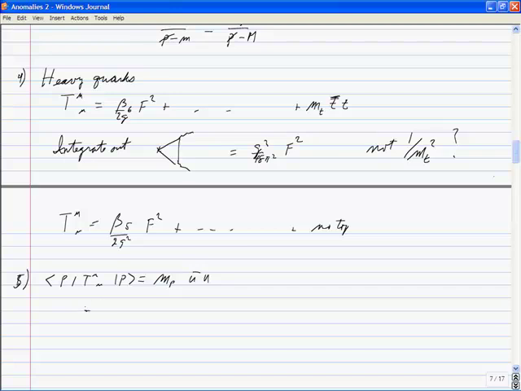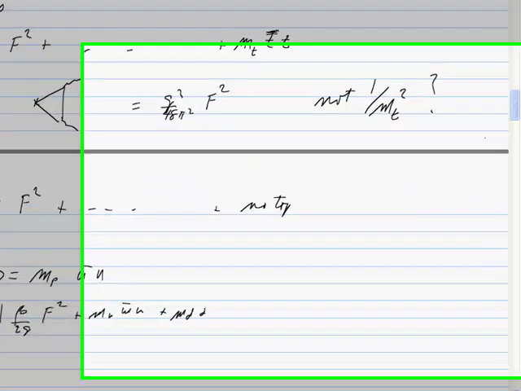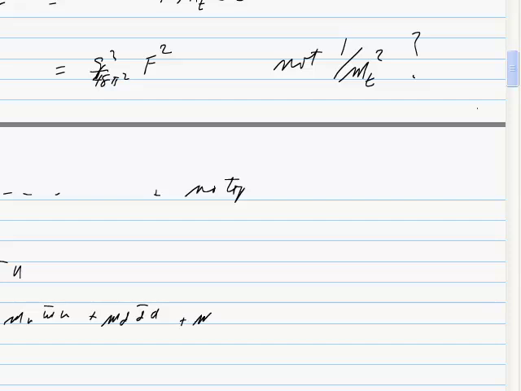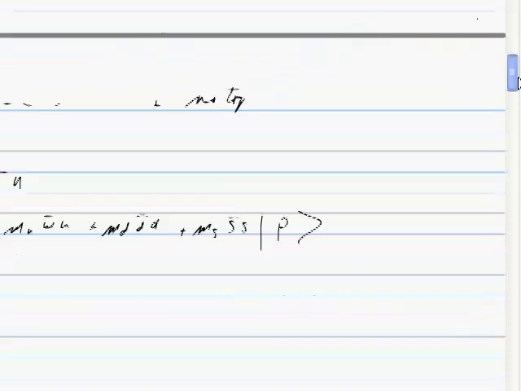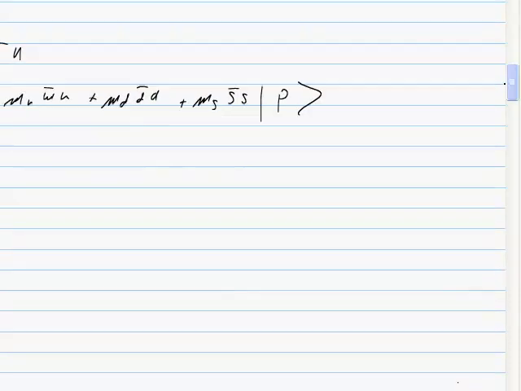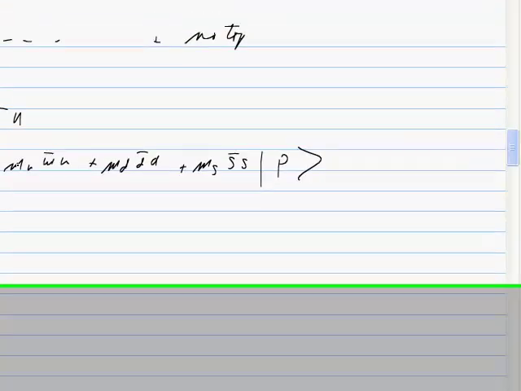But now this is the proton matrix element of beta over 2g F squared plus m_u u bar u plus m_d d bar d plus m_s s bar s in the proton. Now this guy is rather funny. These masses are very small.